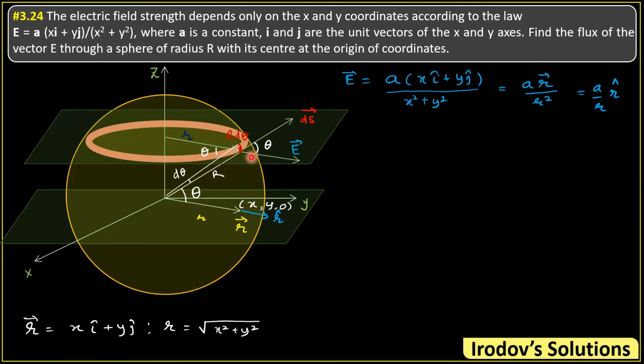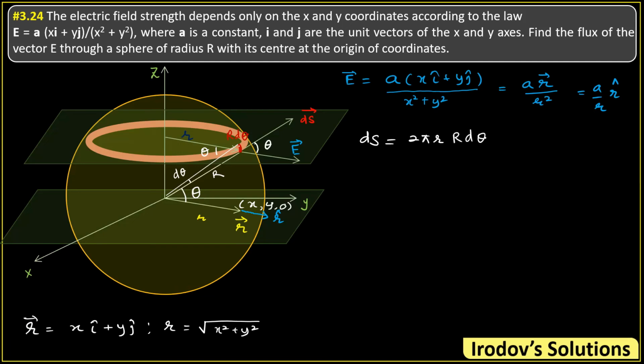Now we are ready to apply the formula, and it will be straightforward. The bigger part was the geometrical part. So first of all, see what is the magnitude of the area of that element that we have taken. If you cut that ring, it will become a rectangle, and the length of that rectangle becomes 2 pi r, and the width is r d theta.